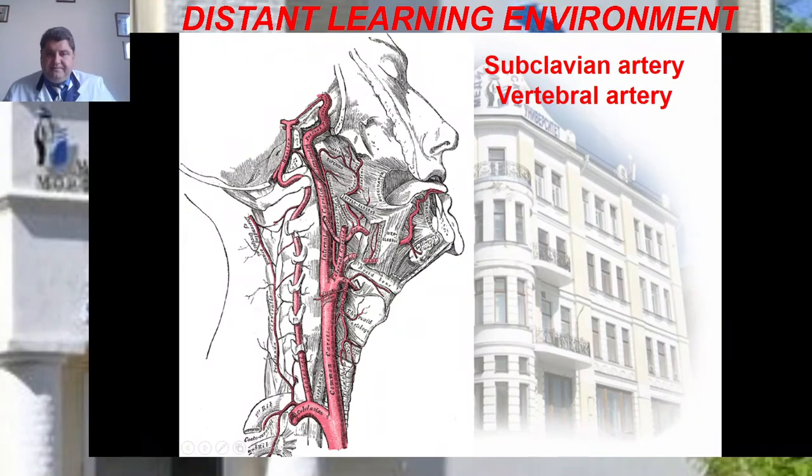The second part is called the transverse part because it passes through the transverse foramens of the cervical vertebrae. The third part is the atlantic part. You may see the bends over the atlantic transverse process foramen.